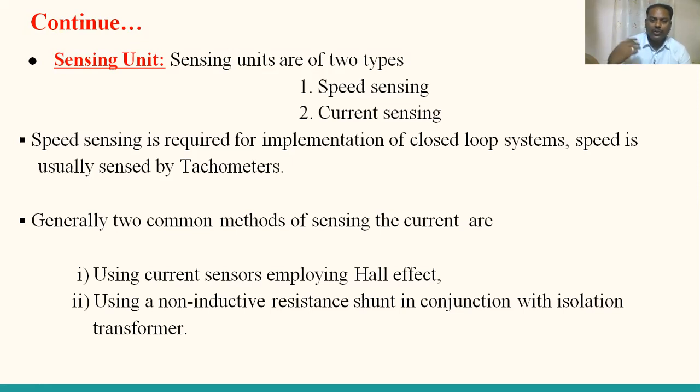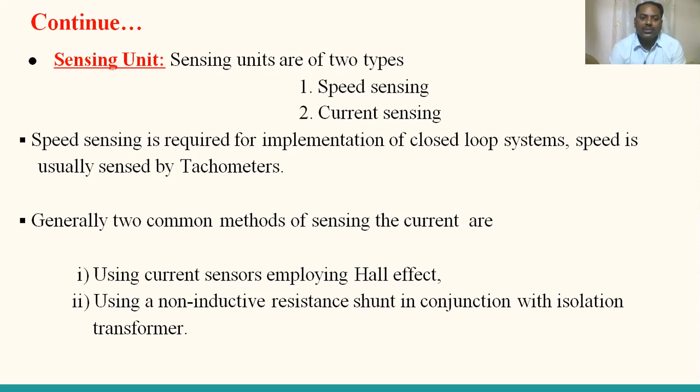Because in closed loop operation, the speed of the drives is very high. Sorry, it is better to call it accuracy instead of speed. In a closed loop system, the accuracy is very high. That is the reason we go for closed loop systems.